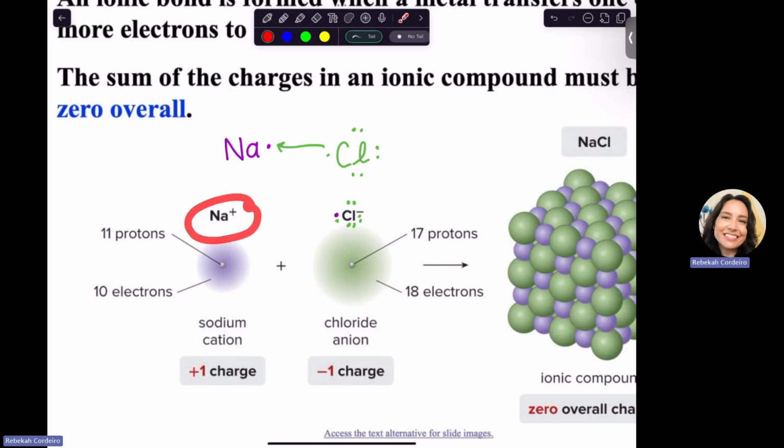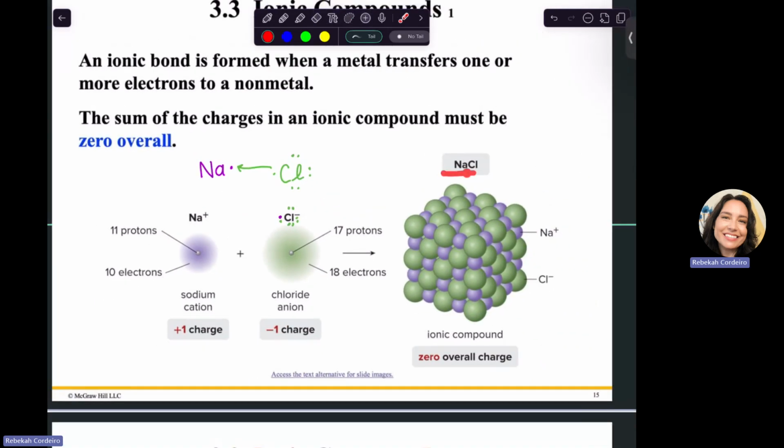So the sodium is +1, the chlorine is -1. We can see +1 and -1 cancel out to give you a formula, NaCl. So 1 sodium, 1 chlorine have 0 overall charge.